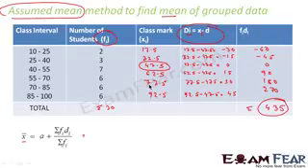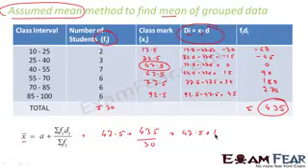Here, what is the value of A? The assumed mean was 47.5. So that is 47.5 plus summation fi di, 435, by summation fi, 30. If you solve this, 435 by 30 is 14.5, and this comes out to be 62.